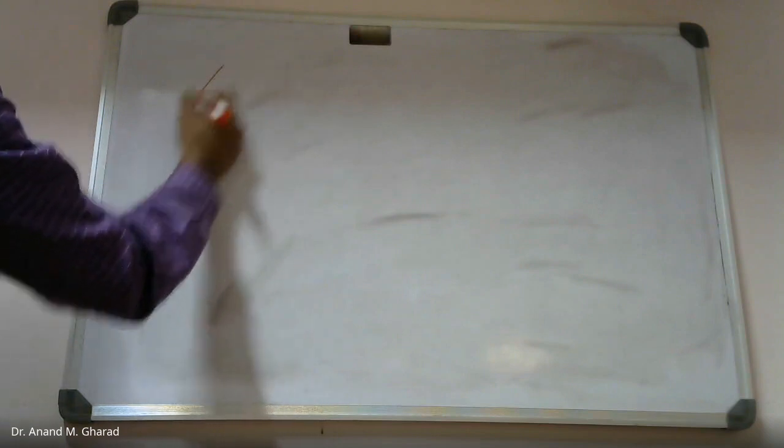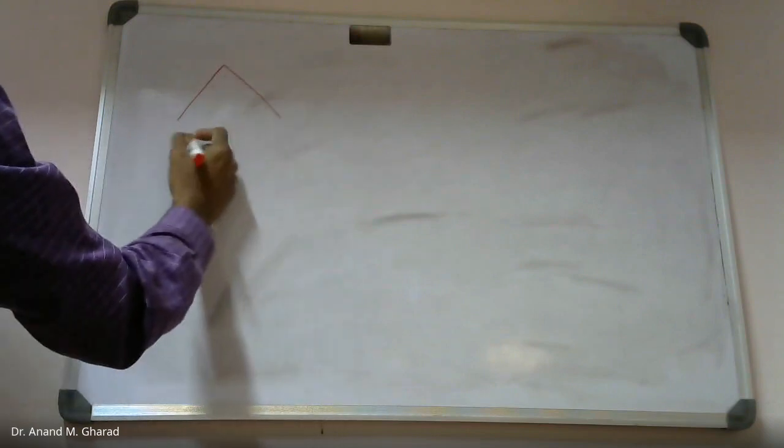Let us take up one example wherein the truss structure is a bit complex. It is big, but you can certainly solve it using different methods. Since we are discussing method of joints, we will try to solve this numerical pertaining to method of joints.